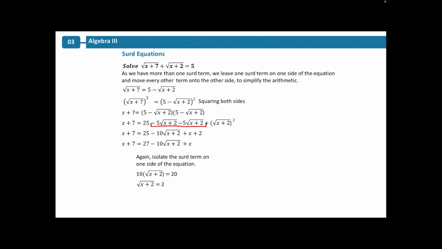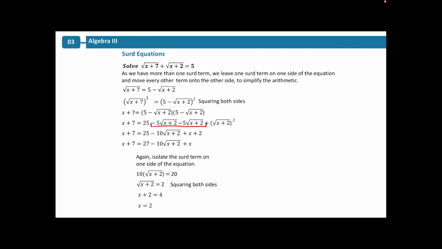Let's solve for x. Dividing both sides by 10, we're left with root x plus 2 equals 2. And now, to solve for our surd, we square both sides, and we're left with x plus 2 equals 4. x is equal to 4 minus 2. x is equal to 2.